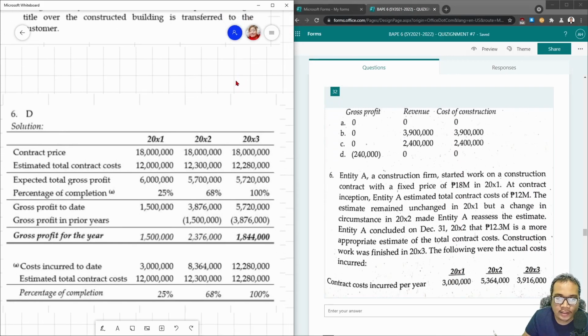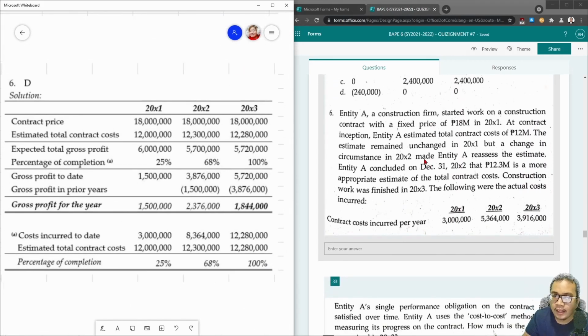So, going to number 6. Entity A, a construction firm, started work in a construction contract with a fixed price of 18 million in 20X1. At contract inception, Entity A estimated total contract cost of 12 million. So, yan. 18M ang fixed price, 12 million ang estimated total contract cost.